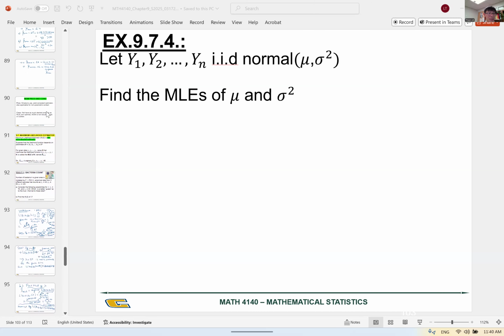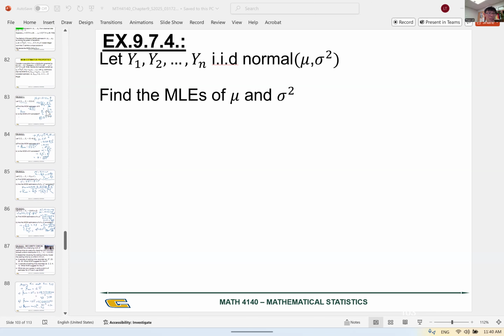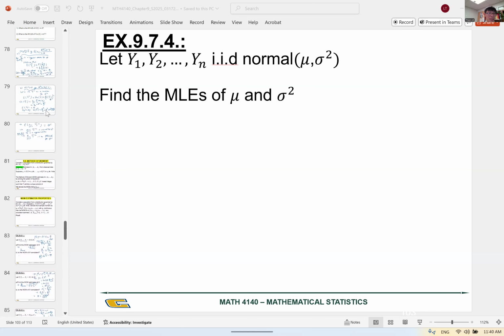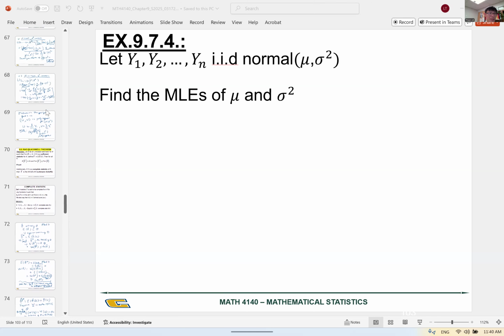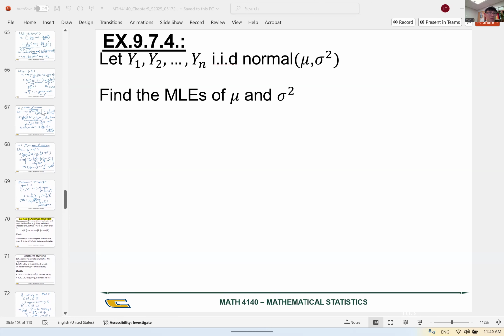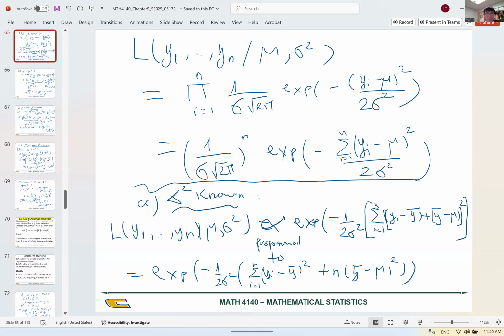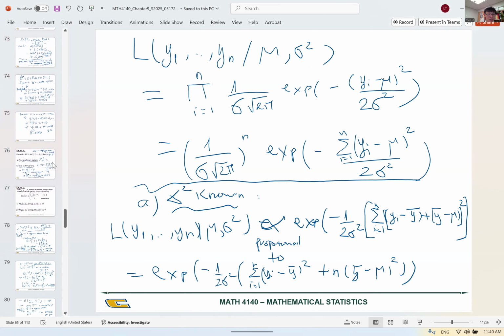Let's see, where did we draw this? I think we have it here. So if we have a likelihood function, okay, here, right? This is what we have in previous class. Let's borrow it here.